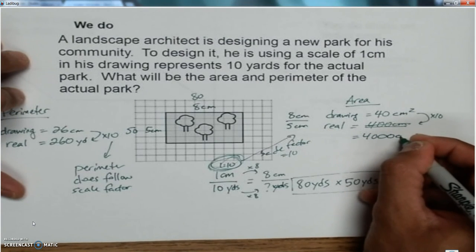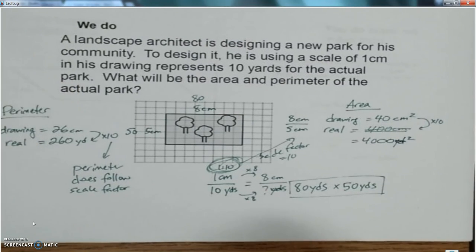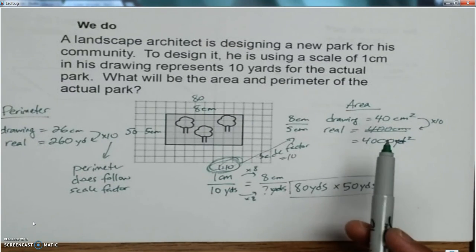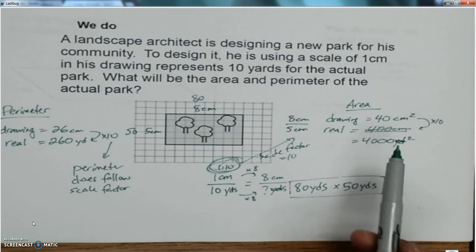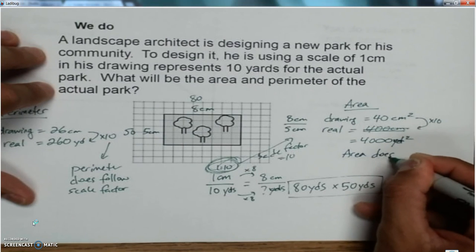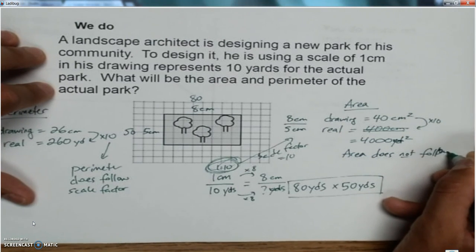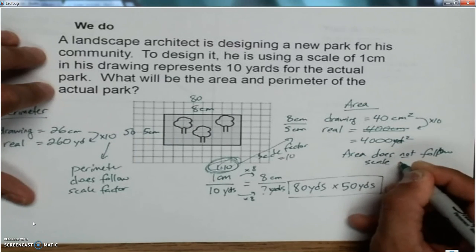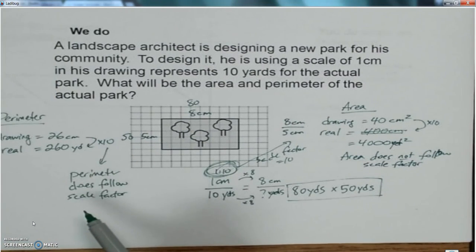It's 4,000 square yards for the real park. So I didn't scale it up by 10, I scaled it up by 100. So area does not follow the scale factor. All right, so perimeter does follow the scale factor, area does not follow the scale factor.